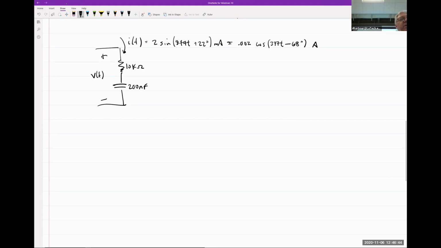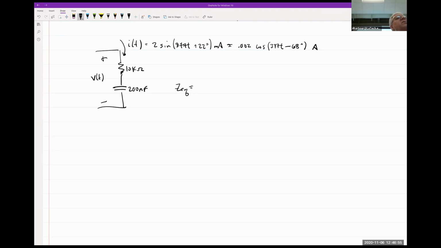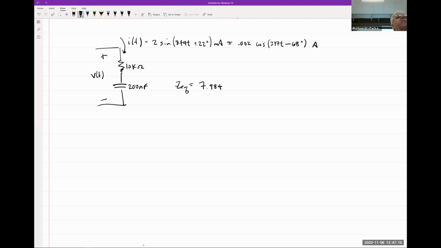They've told us here that Z equivalent is from this, the 10,000 and the 200 nanofarad. And it has this big old expression for that. So you want to practice putting that into your calculator. Make sure for this one that it comes out to be, I need to look at the right piece of paper, 7.984 at an angle of minus 37.016 degrees K ohms. Okay. That's from the expression of Z equivalent that was given.